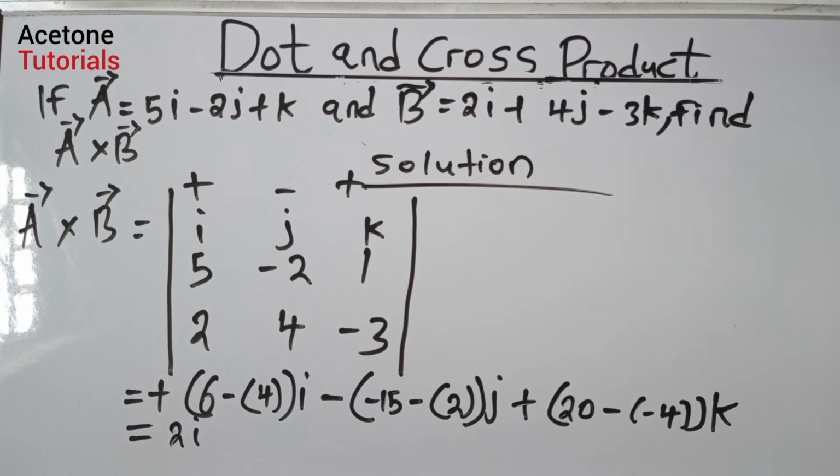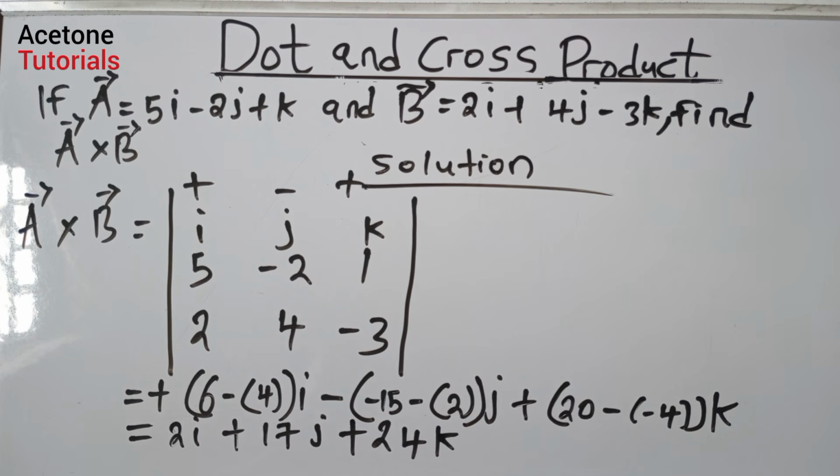But there is minus in front, so we have plus 17j. 20 minus in the bracket minus 4 is 20 plus 4. So we have plus 24k. So this is the A cross B, which is the cross product of vector A and vector B.